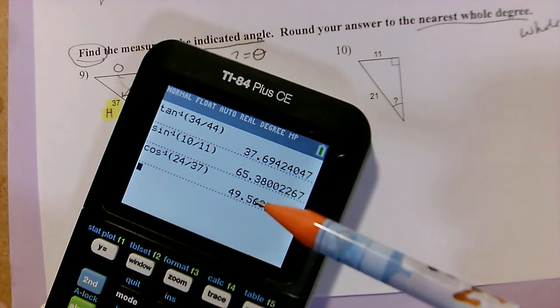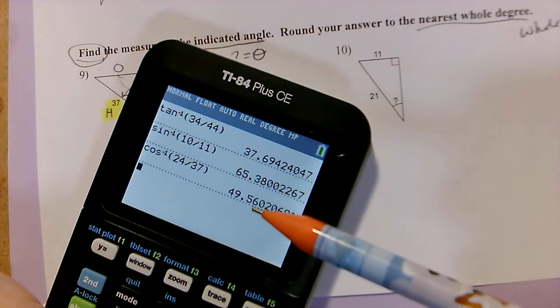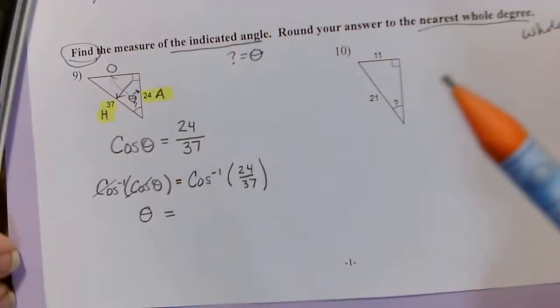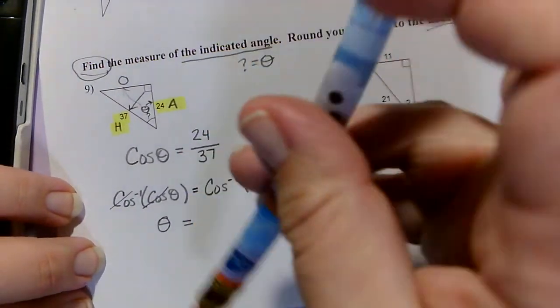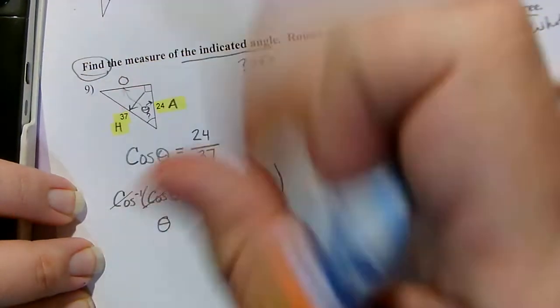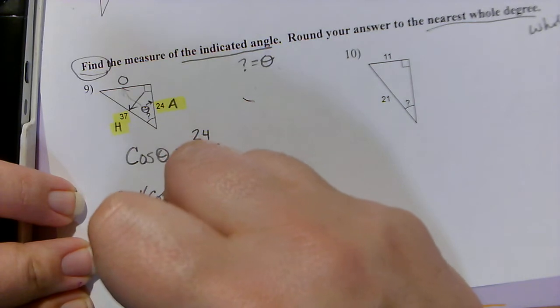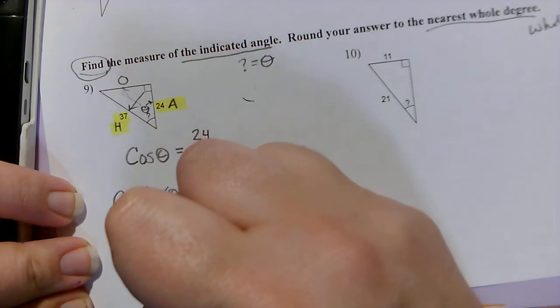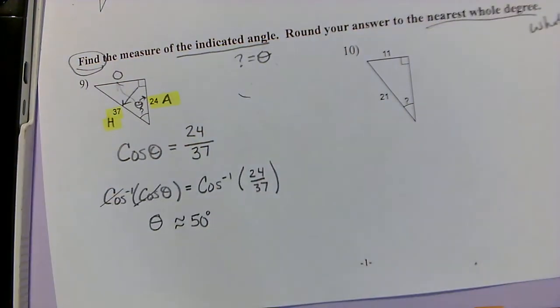It's 49 and a half, so we're halfway there, which means we round up. So I'm going to say theta is, actually I'm going to make this approximate since we're rounding it off, approximately 50 degrees. Not exactly 50 degrees, but for this exercise, they're asking us to round off to a whole number, so I'm going to say approximately 50 degrees.